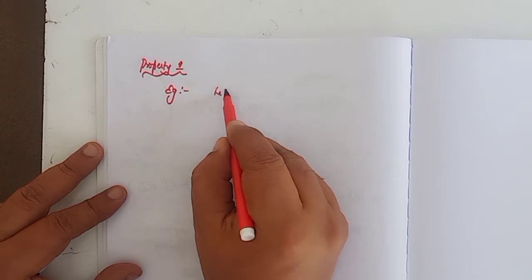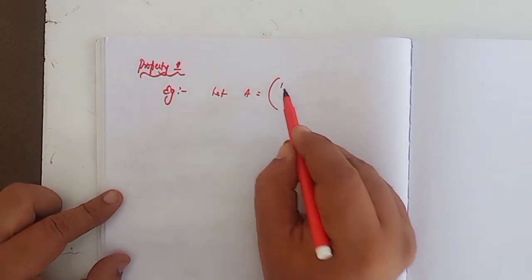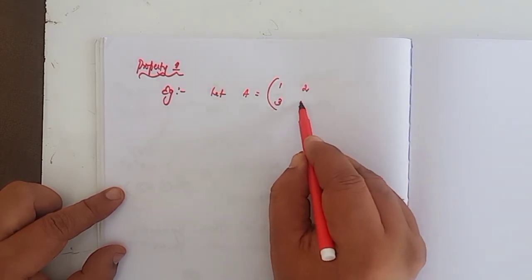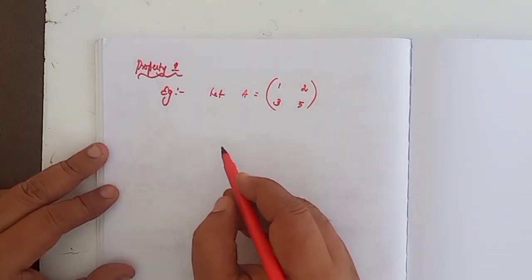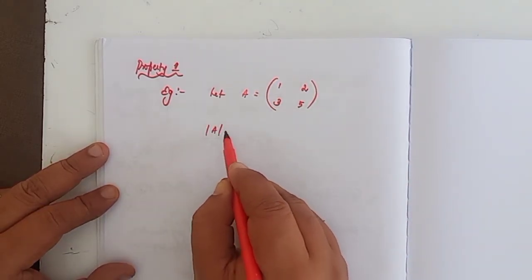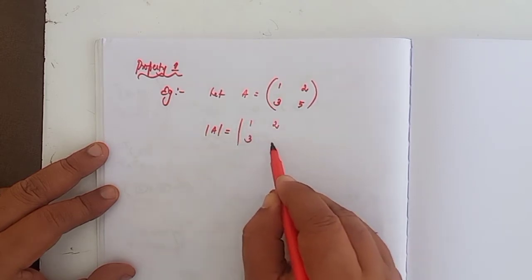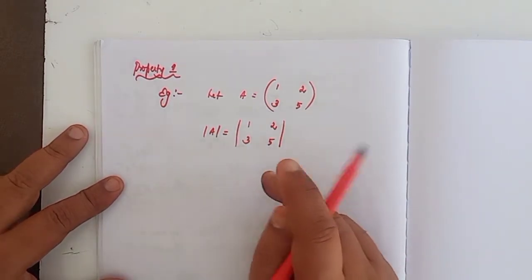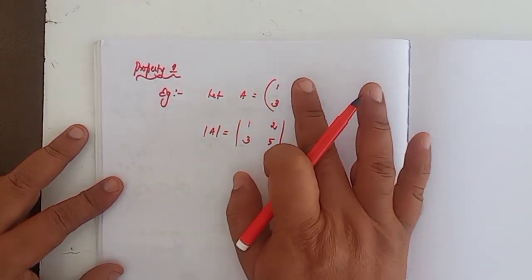I consider a matrix A, that is 1, 2, 3 and 5. I am going to find out determinant of A. Determinant 1, 2, 3, 5. It can be expanded. A matrix cannot be expanded. This is a structure only.